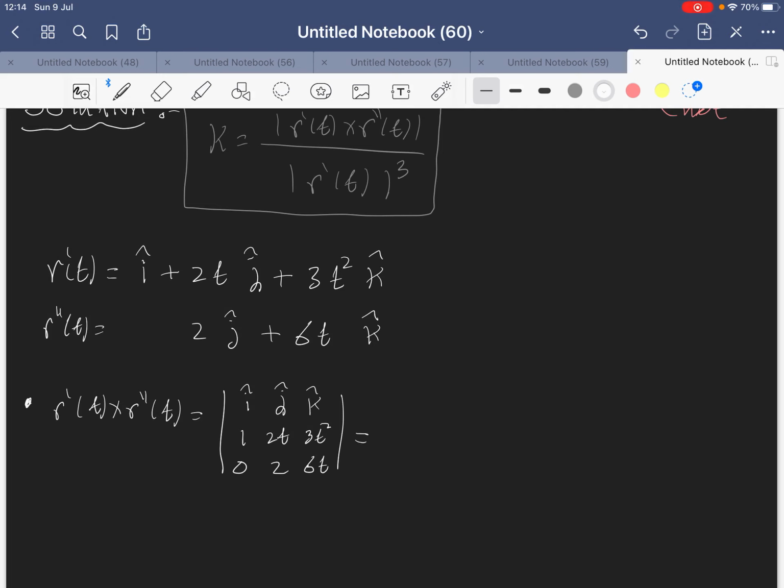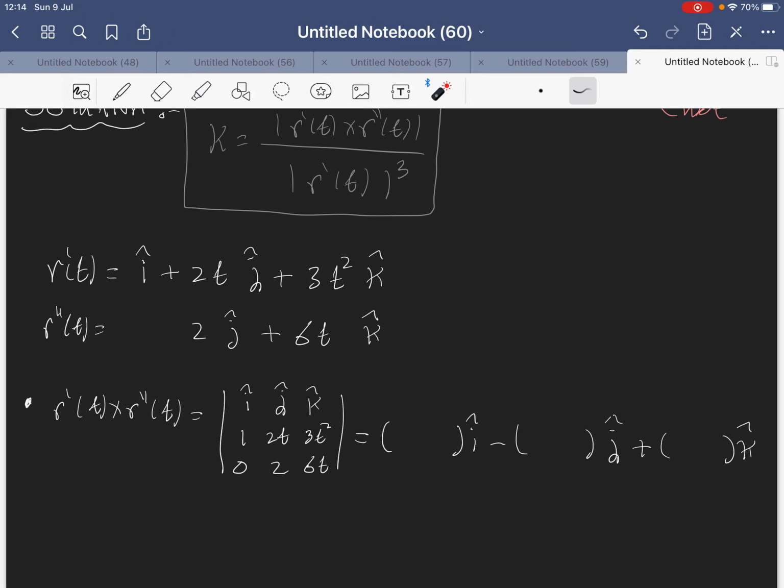Now, if we expand this one, I'll do it a little bit quick here. If we expand this one for the i, it will be 12t squared minus 6t squared.